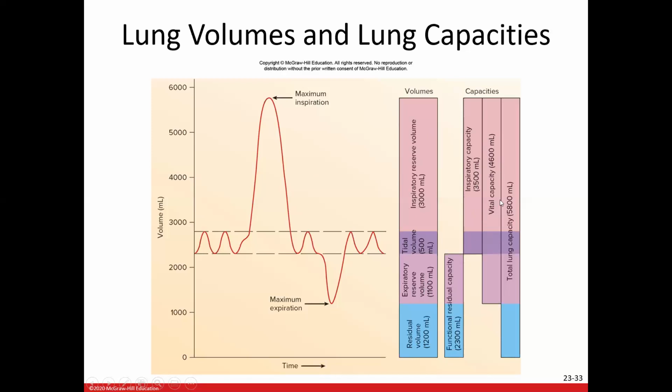Then we have vital capacity, which is the sum of the expiratory reserve volume, amount we can forcefully exhale, plus the tidal volume, the amount coming in and out at rest, plus the inspiratory reserve volume, the amount we're forcefully inhaling. And then total lung capacity is literally just adding all 4: the residual volume, expiratory reserve, tidal volume, and inspiratory reserve. So it looks like a lot, but this figure really helps out with putting it all into perspective and understanding how all the pieces fit together.